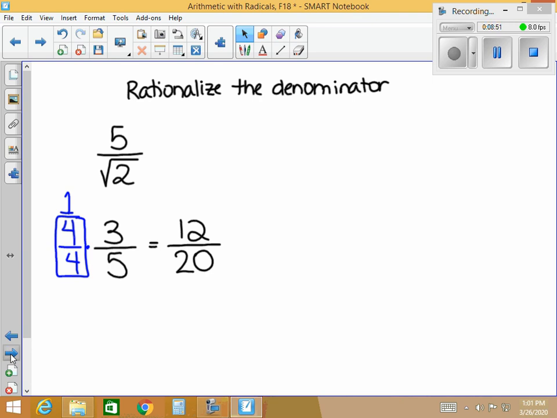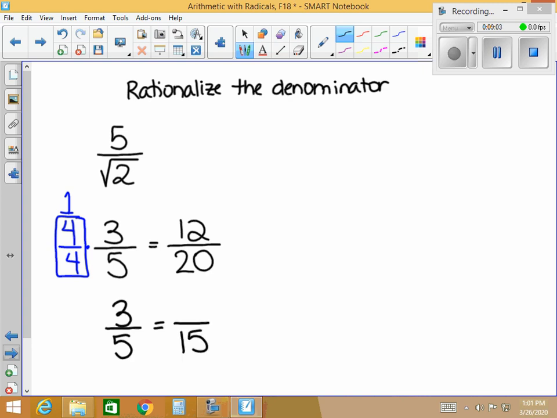But multiplying by a funny-looking form of 1, I can make it look different and adjust it to whatever I need it to be. Maybe instead of being over 20, I need it to be over 15. That's easy enough. I can take the number times 1 in the form 3 over 3 to get 9 over 15.